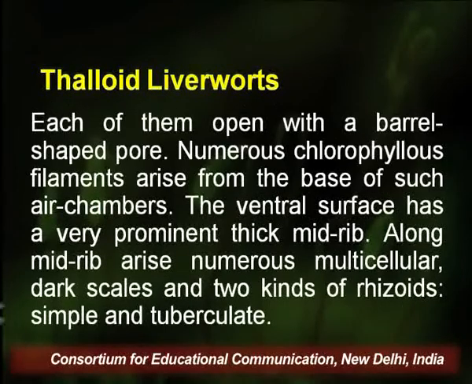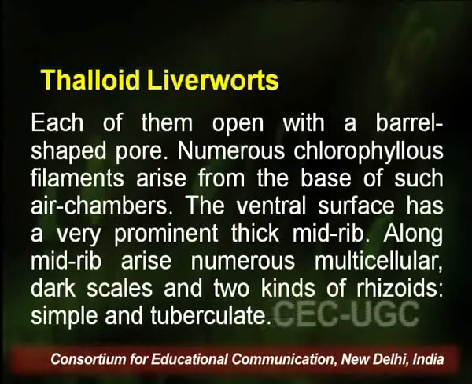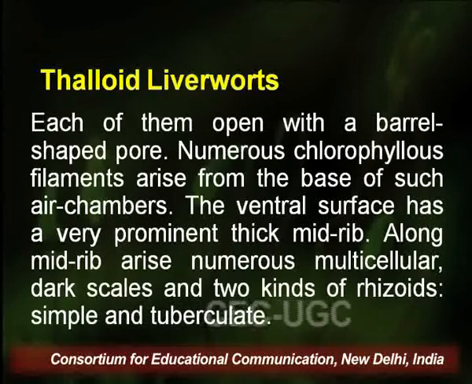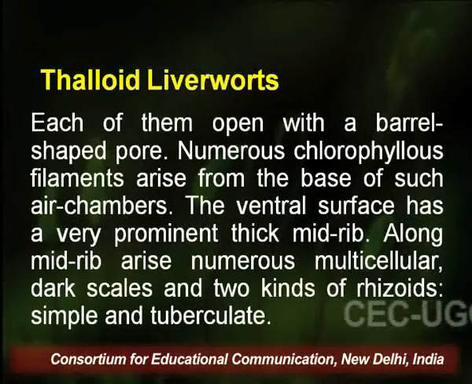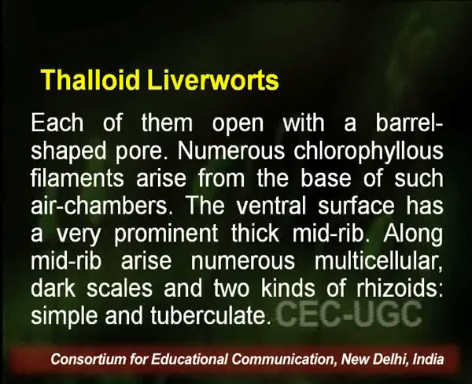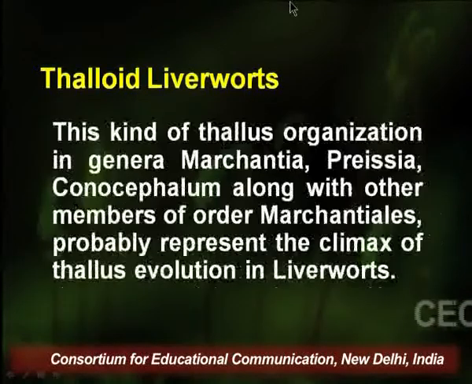Each of them opens with a barrel-shaped pore. Numerous chlorophyllous filaments arise from the base of such air chambers. The ventral surface has a very thick, prominent midrib. Along the midrib arise numerous multicellular dark scales and two kinds of rhizoids, simple and tuberculate.